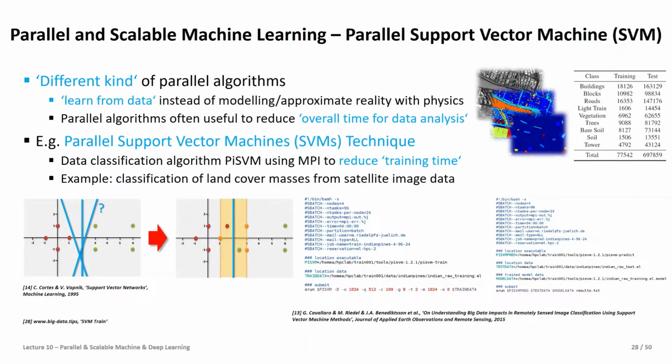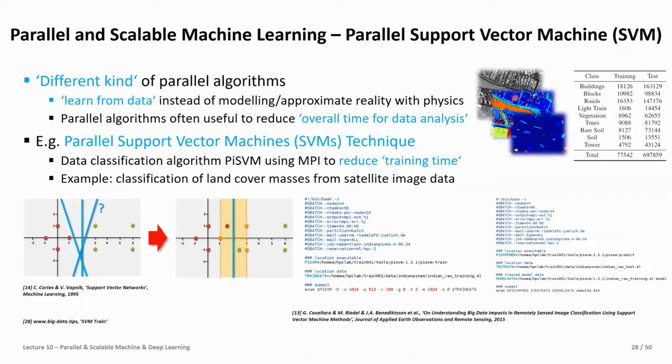And one example where we use support vector machine techniques could be to differentiate, in a multi-class setup, the ground cover or land cover. You see here a satellite image, and we want to identify with classes what each pixel in this image entails.